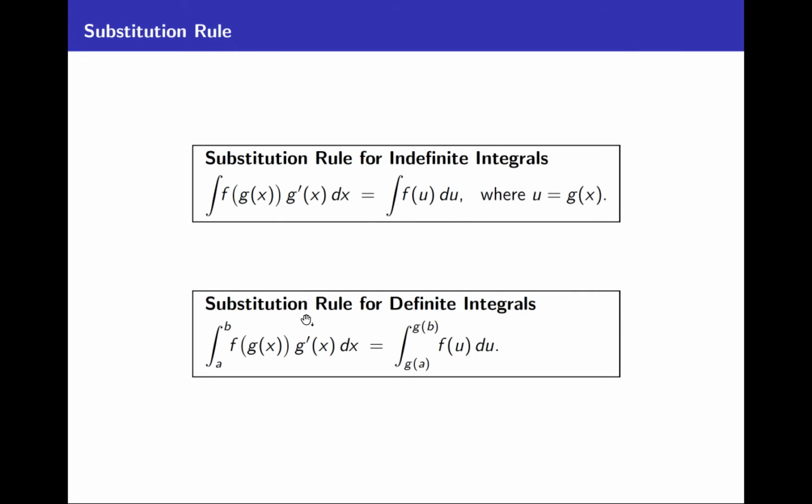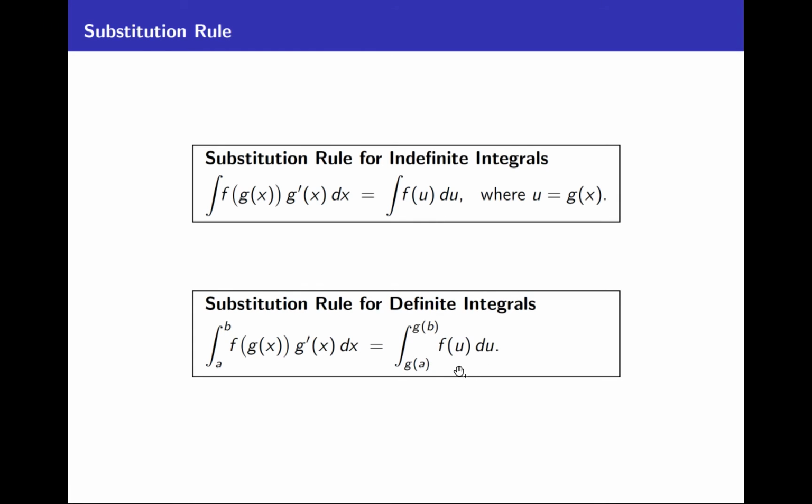Now, here's the substitution rule for definite integrals. It's based on that example that we just did. It's really just like the regular substitution rule, except you have limits of integration. You've got the integral from a to b, f of g of x times g prime of x dx. Well, for definite integrals, it works just like what we had before. You get the integral of f of u du.